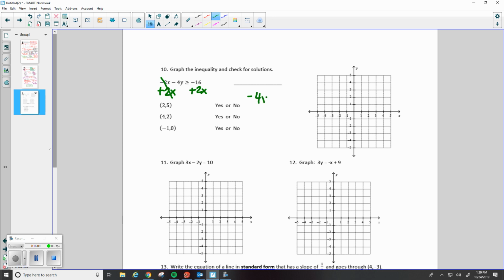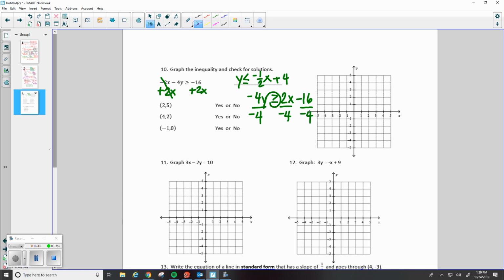Negative 4y is greater than or equal to 2x minus 16. Then I would want to divide by a negative 4. Now when you divide by a negative number and you're dealing with an inequality, remember, we're going to have to flip this sign. So it's going to be less than 2 divided by negative 4 is negative 1/2. Negative 16 divided by negative 4 is a positive 4.